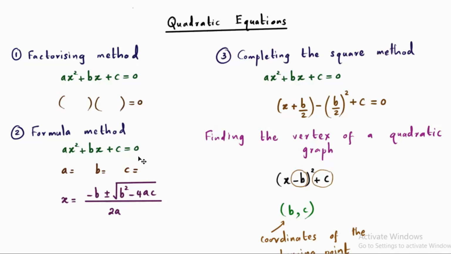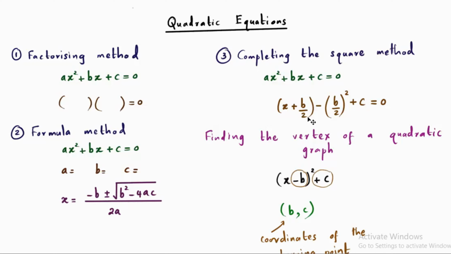If we are to use the formula method, you write it in this format, find what a, b, and c are, and substitute them into the formula that is given. And this will be given to you. And the next one is the completing the square method. Here, we need to make sure that this a is a 1. And once that is a 1, we divide the coefficient of the second term by 2.